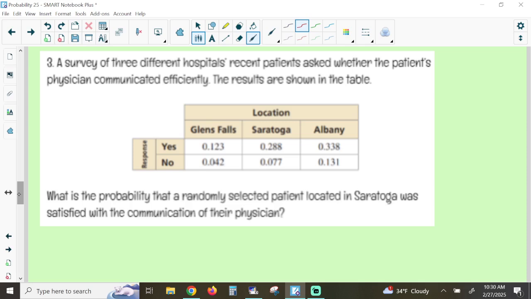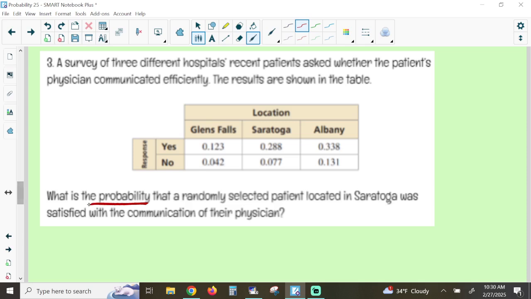I get it, 3 different hospitals, recent patients asked. But I get what they're trying to get at. I literally read that like 7 times and it still never makes sense. Anyways, they asked some patients at these 3 hospitals whether their doctor communicated efficiently. Okay, and here's the results.